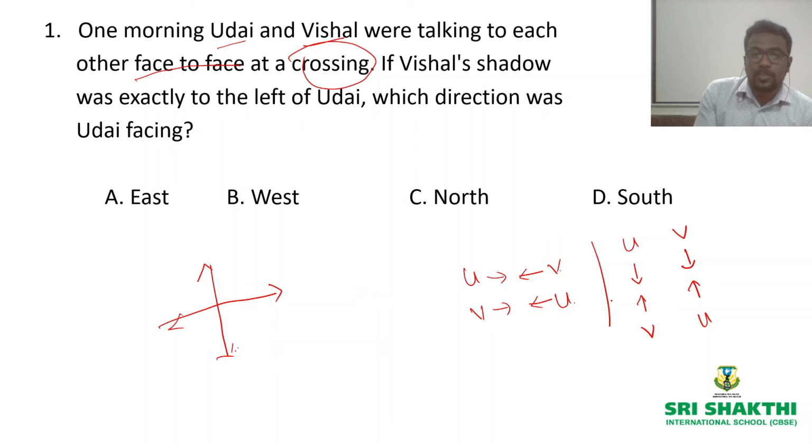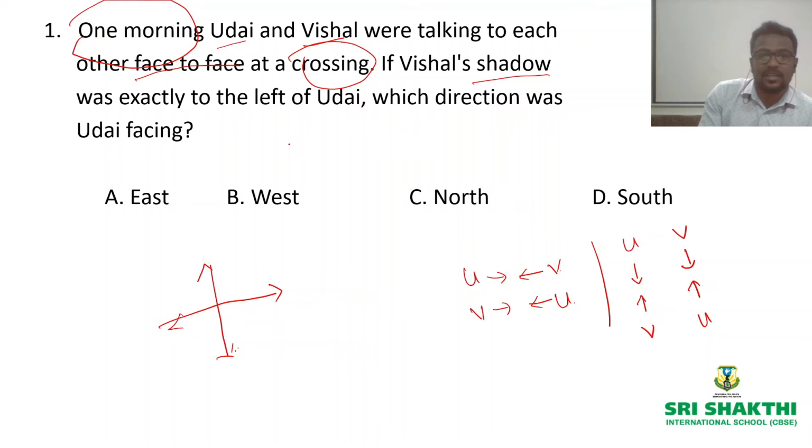Among these four options, we have to conclude with one exact option to reach the answer. So what is the hint we can take from the question? One morning is the hint. They have given one morning and they are talking about the shadow.